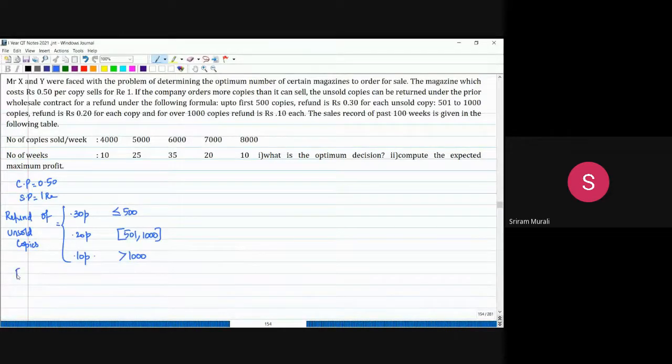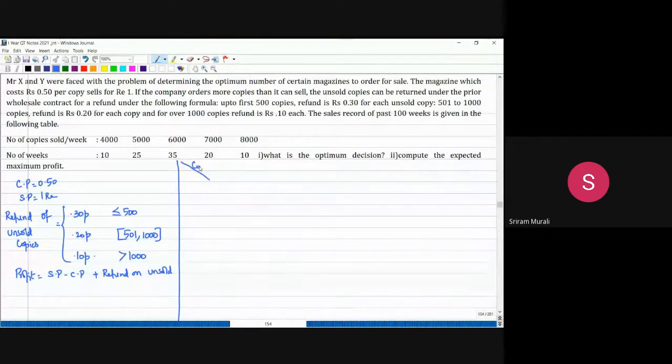So profit is equal to selling price minus cost price plus refund on unsold, because we are getting it again. Everything is given in thousands. We have to construct the table. Shall I start the table?